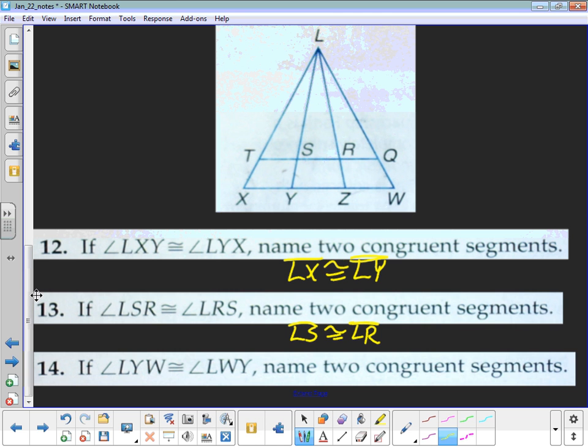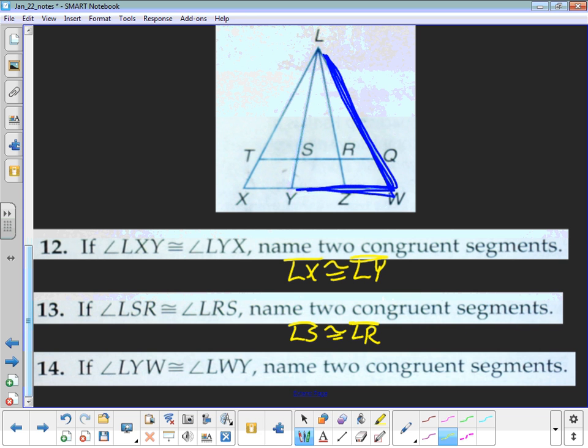Now, did you notice something there? We have a little pattern. Keep an eye out for it. Okay, one more angle. If angle LYW is congruent to angle LWY, that one right there, which two sides are congruent?